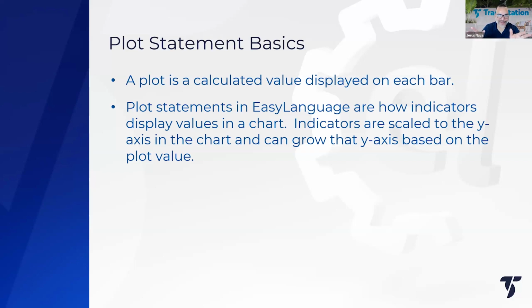So if you have an indicator that plots values that are higher than the current price activity or lower than the current price activity, the chart will adjust so that you can see the full drawing of your indicator. A lot of times that may not be what you want. Maybe you want to concentrate on the price bars, and if it does reach those higher or lower values, then you want visibility. But by default, yes, the chart will adjust to whatever value you put on the chart.